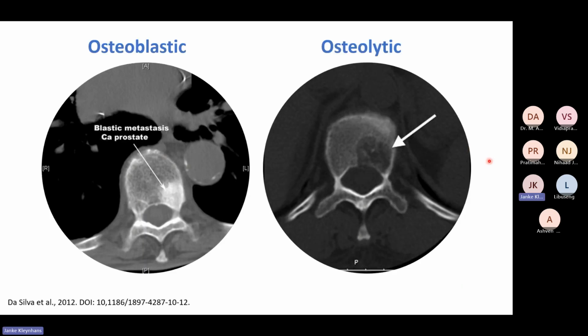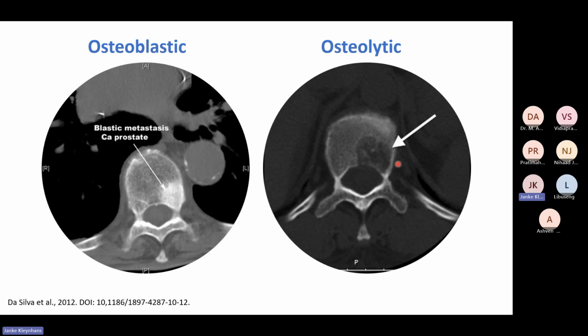And just to show you on a CT scan how this would look, osteoblastic is a lot denser, and osteolytic is mostly a less contrast or darker area. Also, the opposite is of course true.